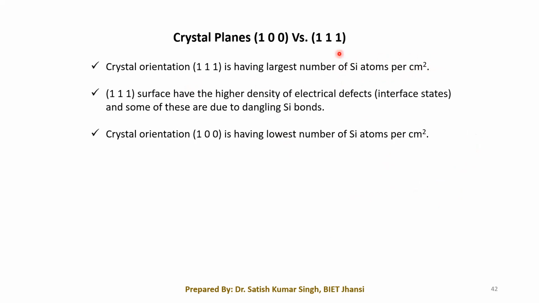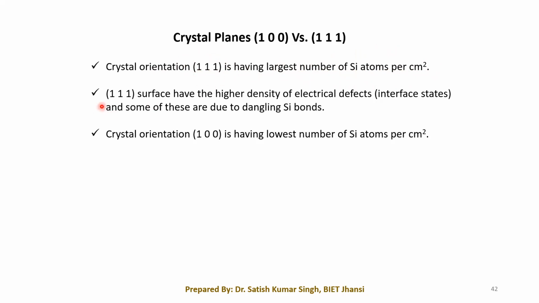So the surface density of silicon atoms is the largest. It is found that if we choose this orientation, the surface will have the largest density of silicon atoms, if we are having 111 crystal orientation.